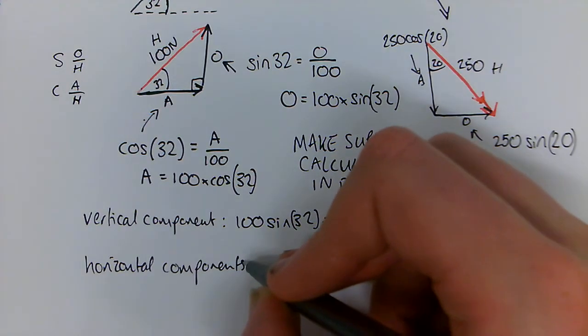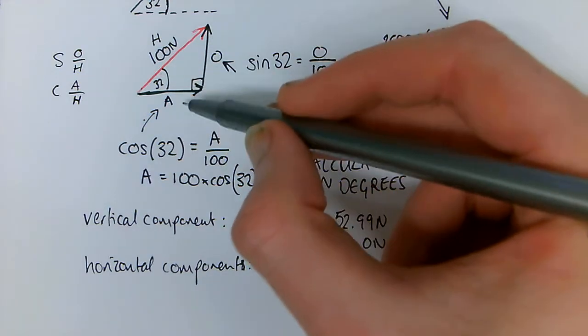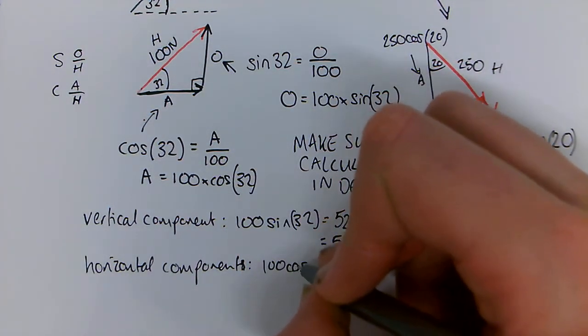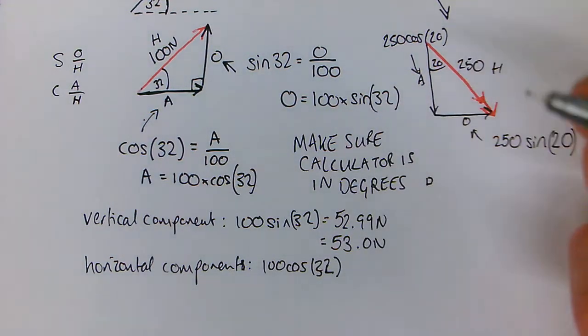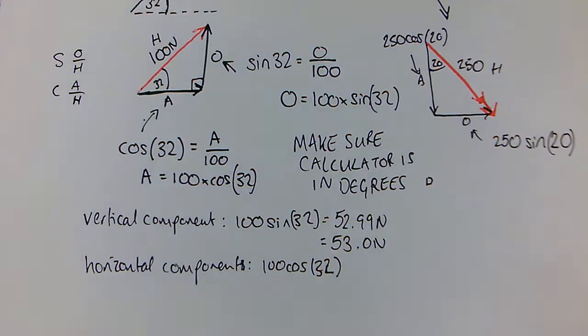Your horizontal component of this force here would be this 100 cosine of 32. A common mistake that students may make is actually to get these mixed up with their sines and cosines. That is why it's important to label on and to learn your trigonometric identities.